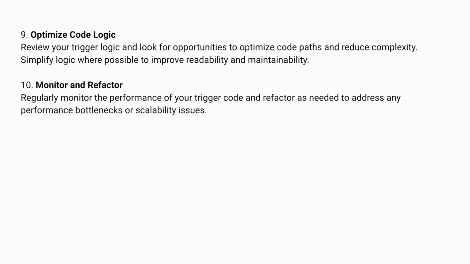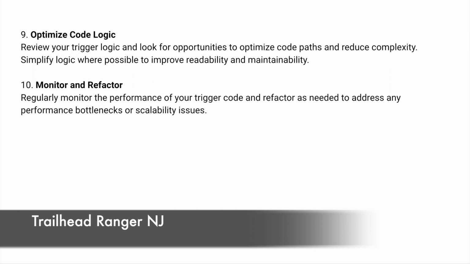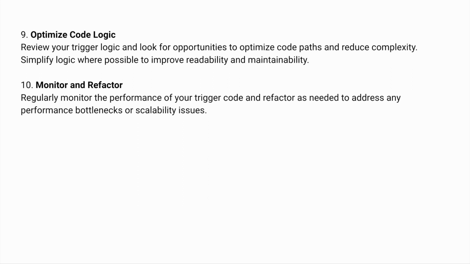So that's how we can improve the performance of our trigger and bulkify the trigger code. And that's how you can answer in your interview how you bulkify your trigger code and what bulkifying your trigger code exactly means.